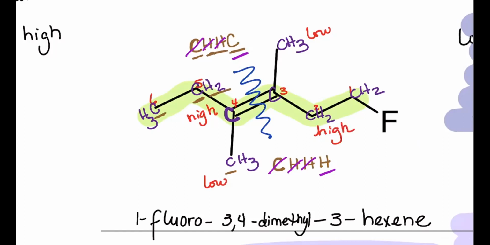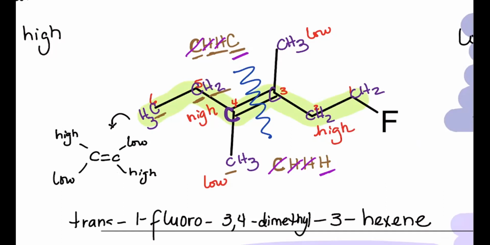Great job, exactly. Here we have the highs and the lows on opposite sides. So if I redraw this, my carbon-carbon double bond looks in the following way: low, high, high, low. So that's why this alkene is trans.